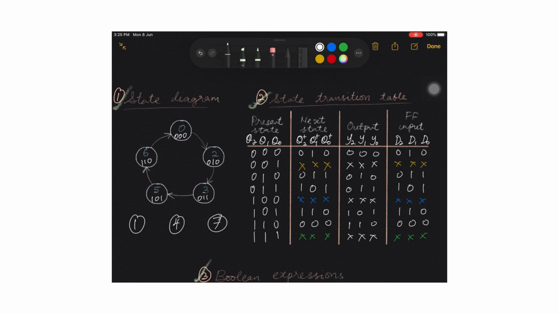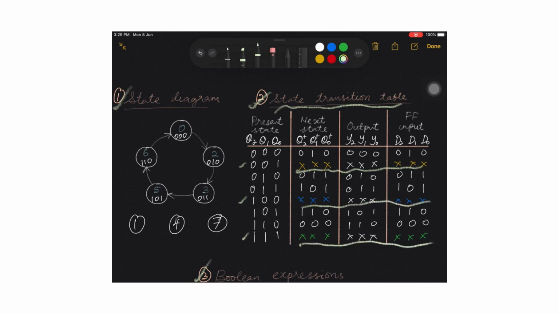Now we bring our focus to the state transition table. Here are 3 rows that are filled with don't cares. All are don't cares.